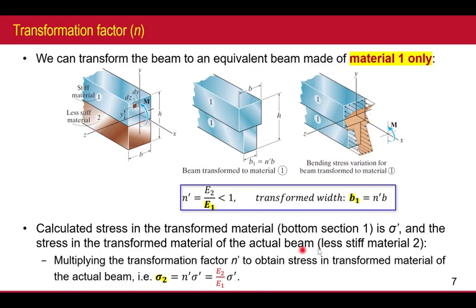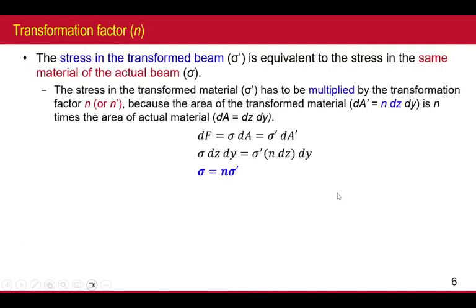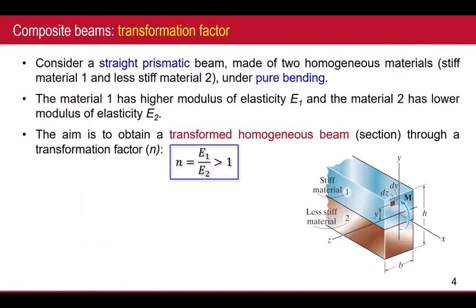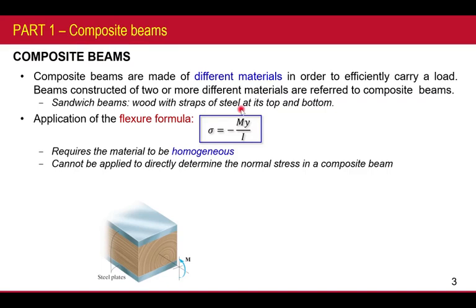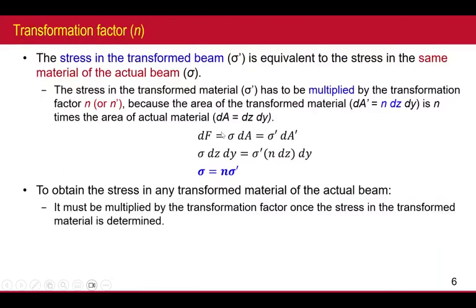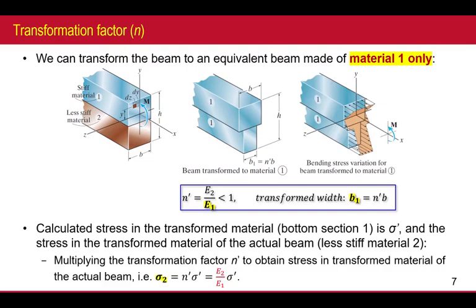It's here, so it's material 2. Then we can multiply by n. So sigma 2 is equal to n sigma prime, so that's E2 over E1 times sigma prime. Clear? Sigma prime is from the equation we did. So from this way, we can work this out easily.